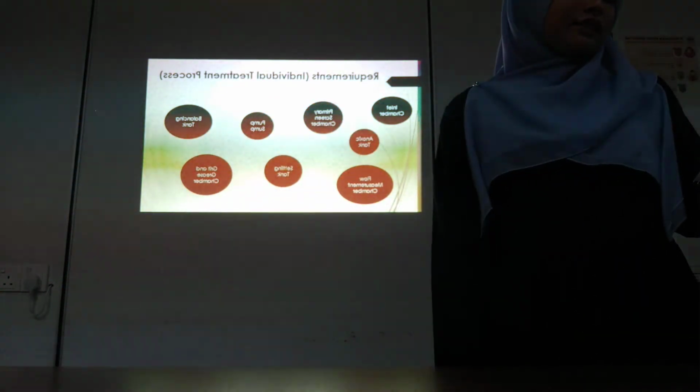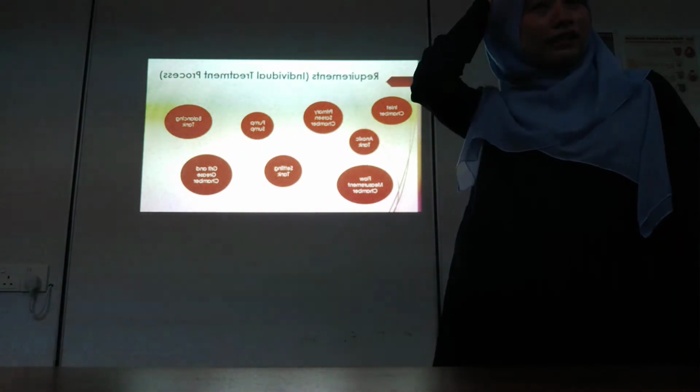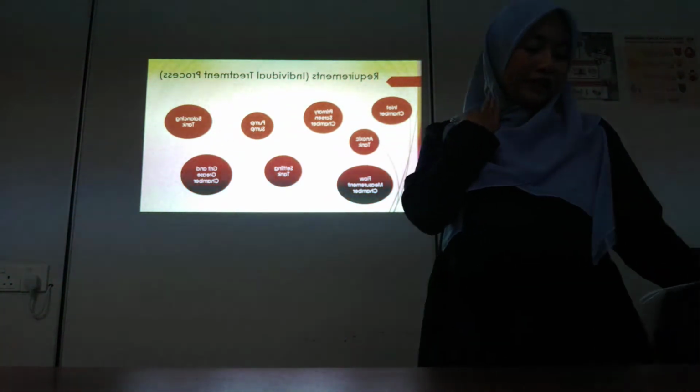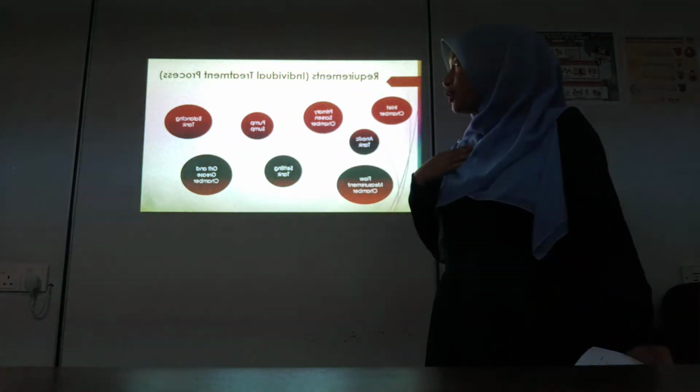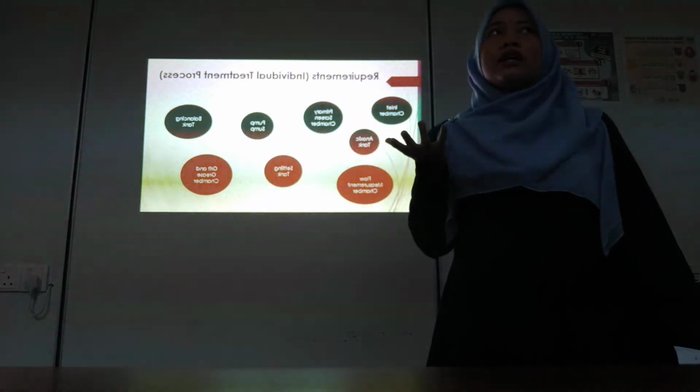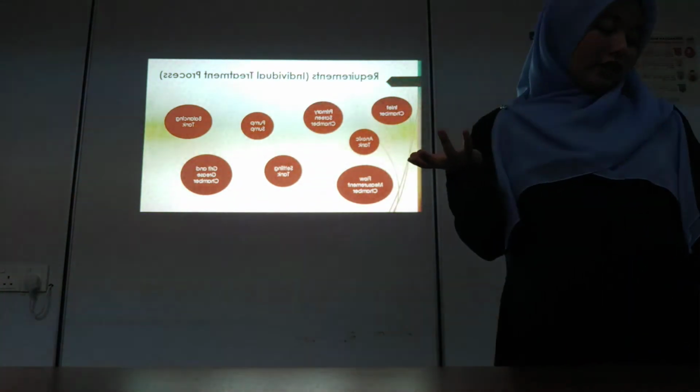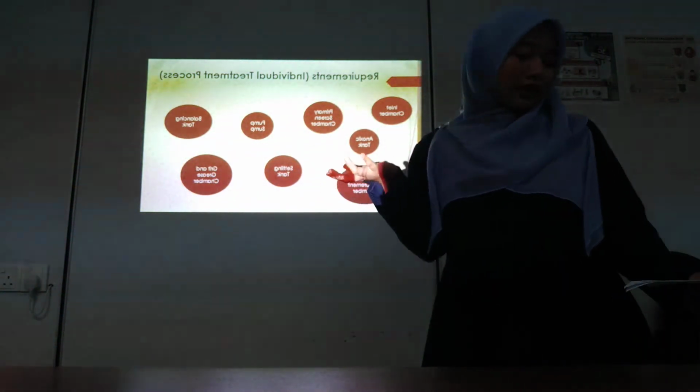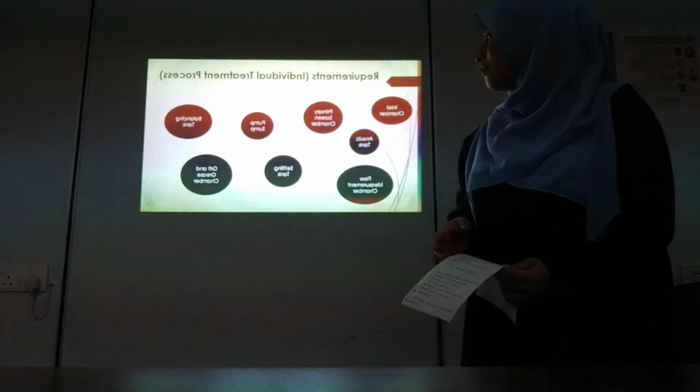Then the grit and grease chamber minimizes associated problems: grit will become a problem to the pump sump if the amount is too much, and grease will be a problem to the clarifier and final effluent.